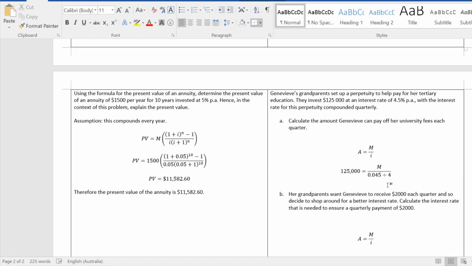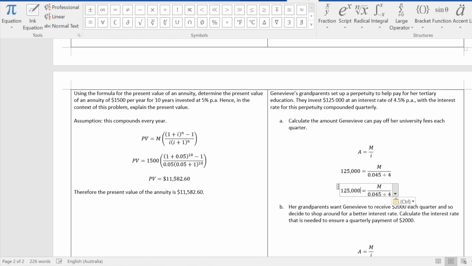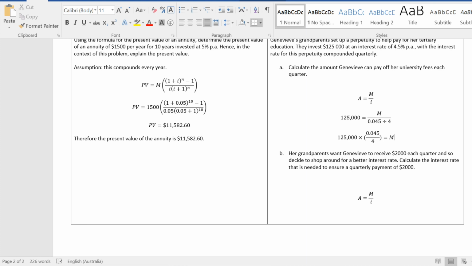Just copy and paste this down so we can see it. Here, it's going to be a multiply now, because the opposite of dividing is timesing, and I'll express this as a fraction. And that's just going to equal M. Okay, so rewriting it, making M the subject first, and then I'll just write the answer as well.